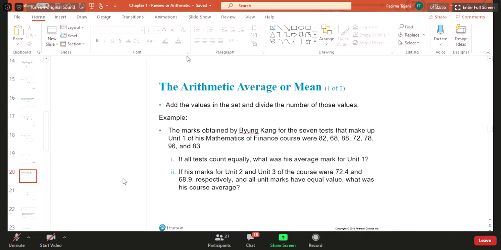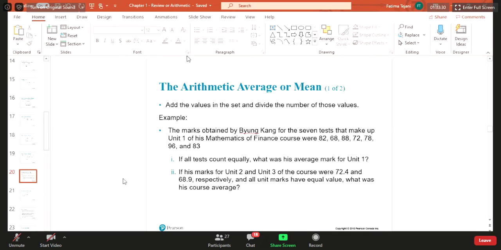Okay, the arithmetic average or mean: add the values in the set and divide by the number of those values. Example, the marks obtained by Byung Kang for 7 tests that make up Unit 1 of his Mathematics of Finance course. Oh my God. Okay, no worries, let me read it.